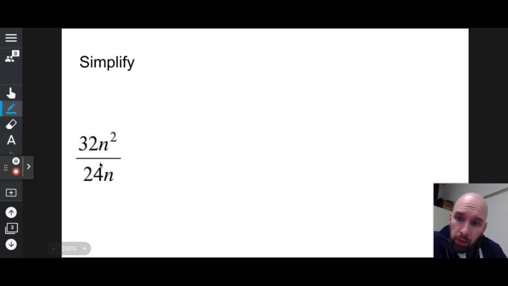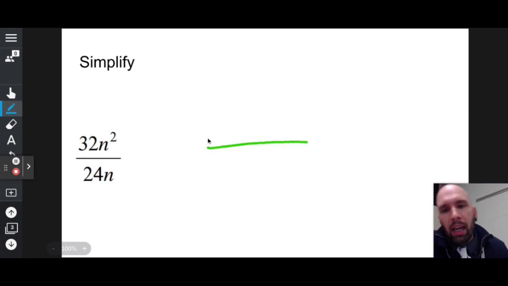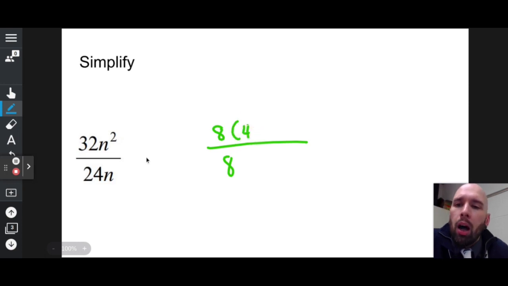So if I have letters involved, I have a greatest common factor that I can factor out, and that's going to be 8. I can also factor out an n, up top and down here. So let's factor out an 8 and an n.